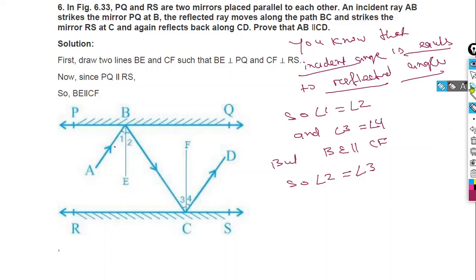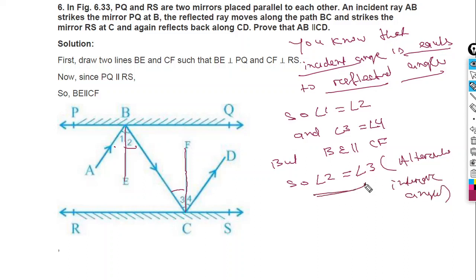Now you see, as BE is parallel to CF, this angle 2 must be equal to angle 3. Why? Because they are alternate interior angles. Angle 2 equals angle 3.